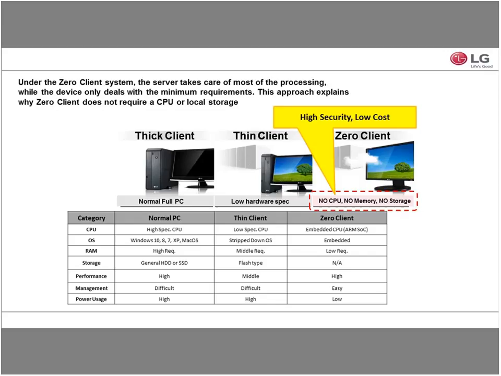A zero client is exactly the opposite. There's no hard drive, there should be no OS, and it connects to a service in the cloud, either self-hosted or a subscription service like Amazon Web Services, to get your desktop from the cloud.